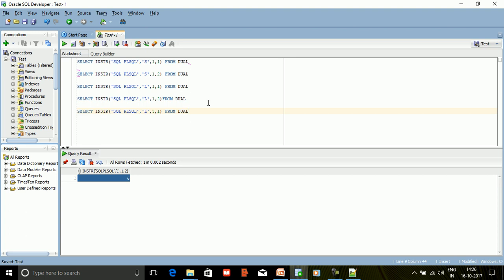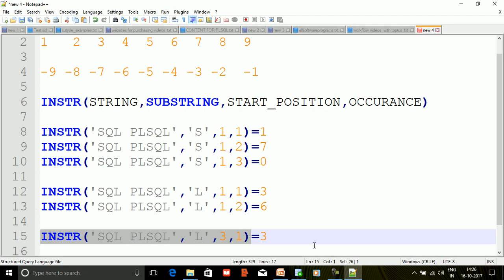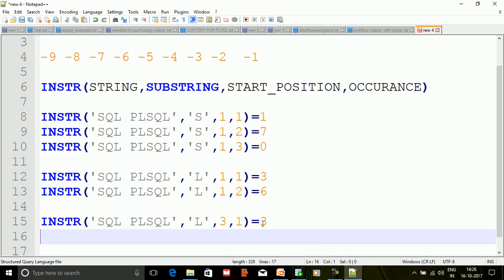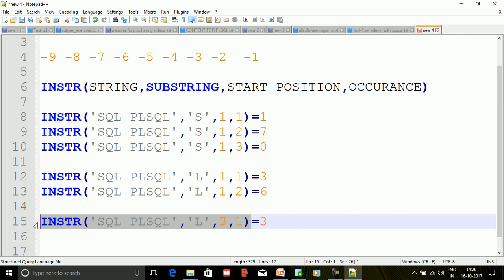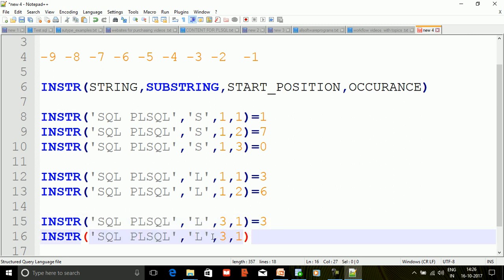As there are more examples, I'm going with SQL. If you go with the anonymous block, it will take a lot of time. Next, same example, I want to go with position number 6 and occurrence 1.